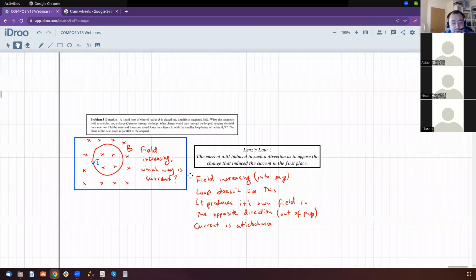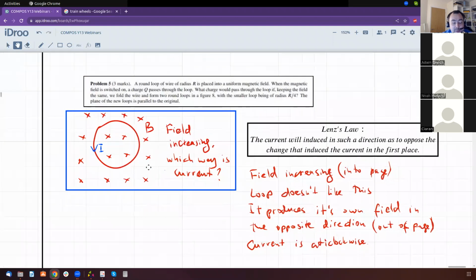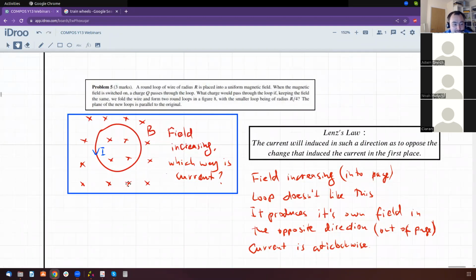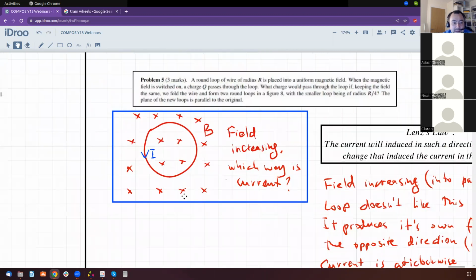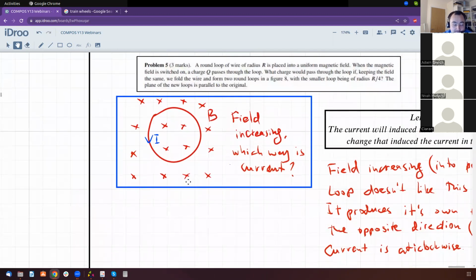Right. Okay, so that's the loop. So there will be a current, and there will be a charge passing through the loop.